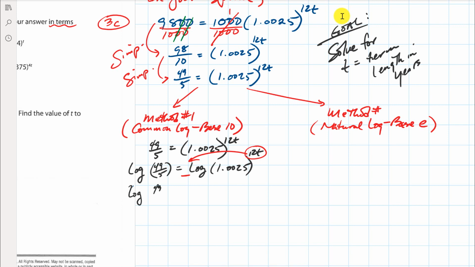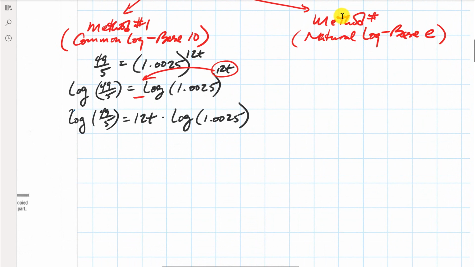log of 49 fifths is equal to 12t times the log of 1.0025. Now, remember, my goal is to solve for t. The way I do that is simply divide by whatever's being multiplied by t.